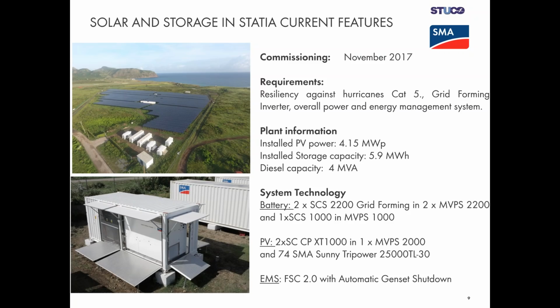And then that is in combination with 2 Sunny Central solar inverters of 1000 kVA, and 1 medium voltage power station 2000 kVA, and phase 1 74 25 kVA Sunny Tri-Power inverters, and that with a fuel safe controller 2.0 with automatic genset shutdown and startup.